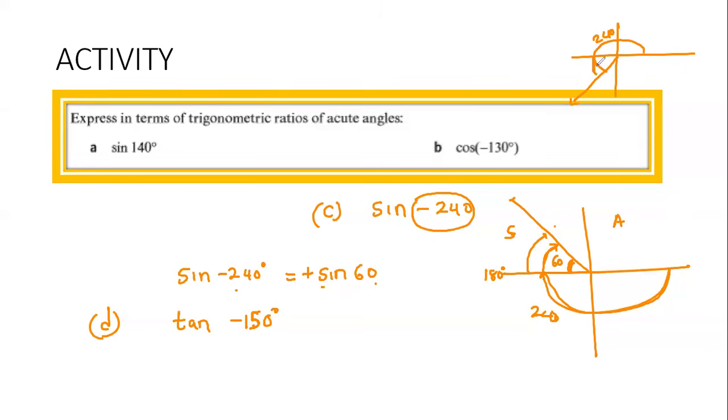Okay, we first find what is your reference angle. It lies in the third quadrant. Lying in the third quadrant, what does it mean? It means that the cos is negative.